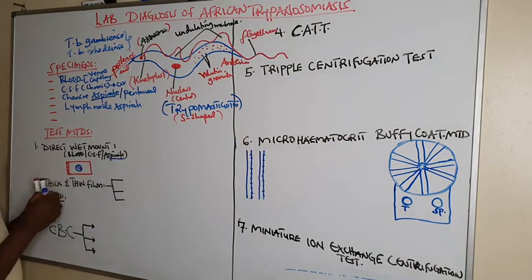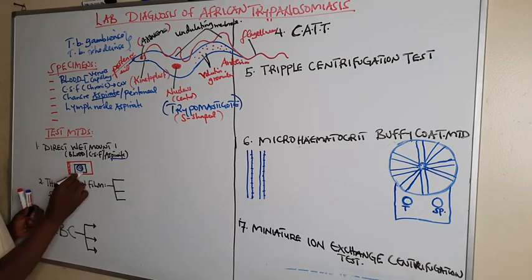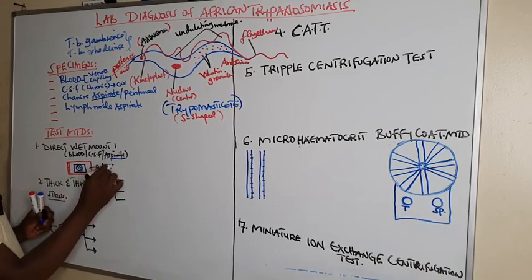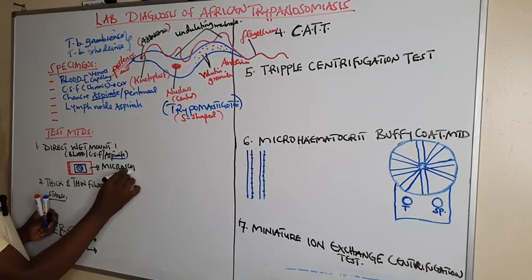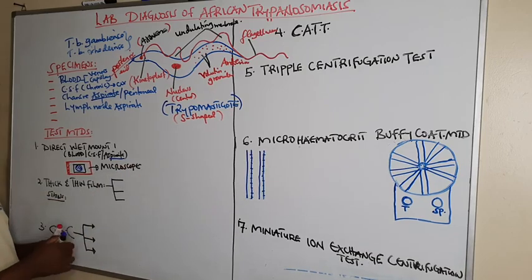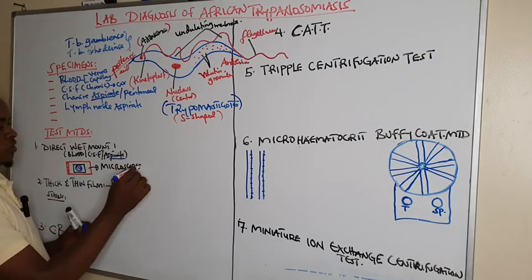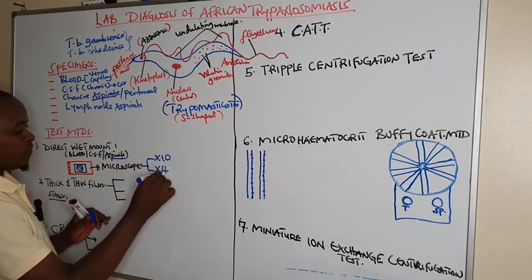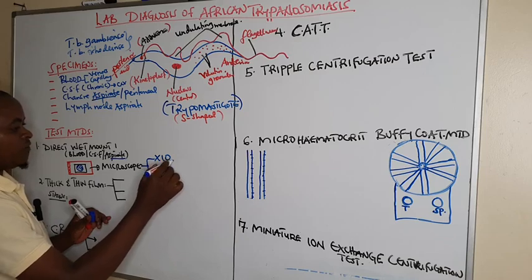Then we apply a cover slip. After applying the cover slip, we examine under the microscope, using either the ×10 or ×40 objective lens.